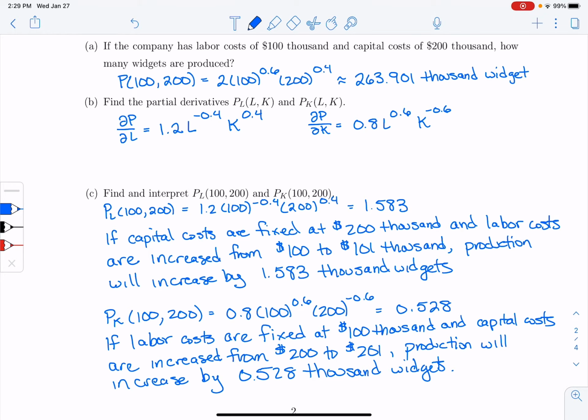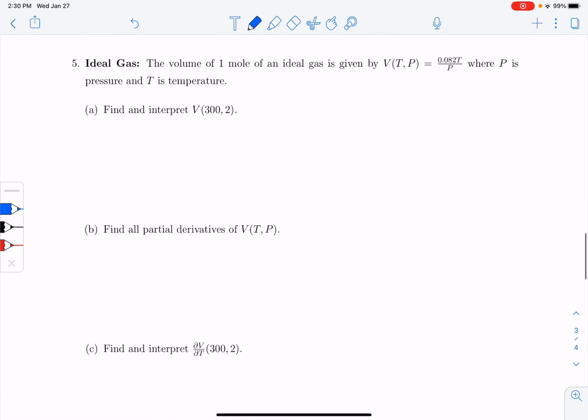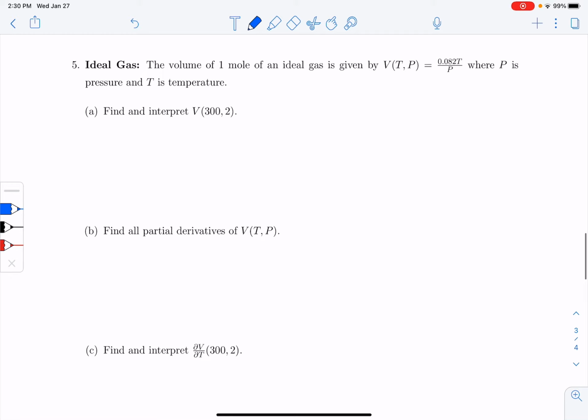Okay, let's do one more example. This example has to do with the ideal gas law. You'll recall that the ideal gas law was that PV equals nRT, and we're going to look at the volume of 1 mole, and R in this case is going to be 0.082, and so what we can do is solve for volume.